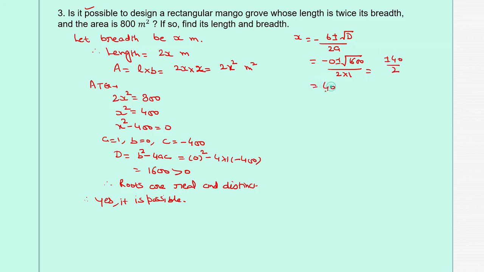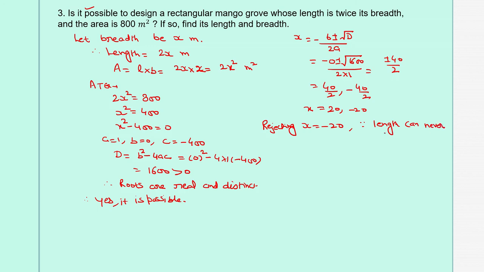So we will get 40 over 2 and minus 40 over 2. This is 20 and this is minus 20. As length can never be negative, we reject x is equal to minus 20.